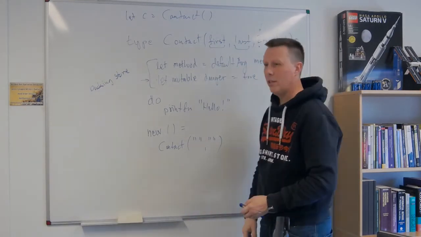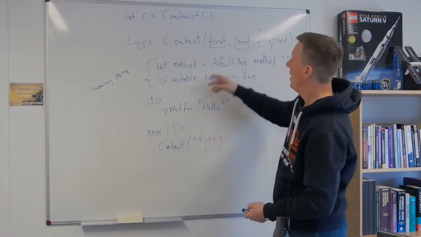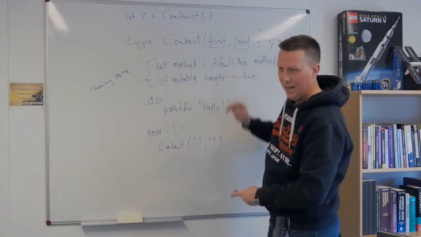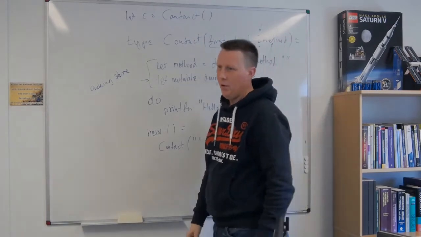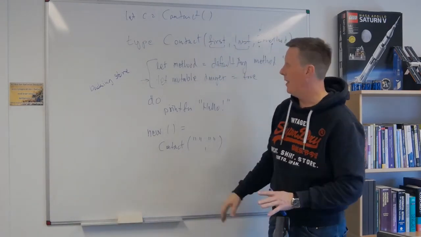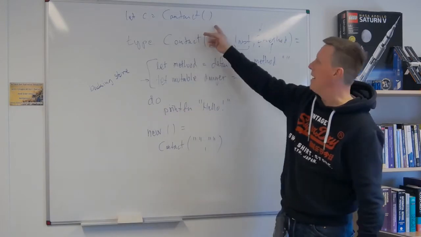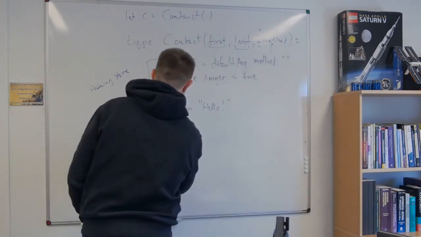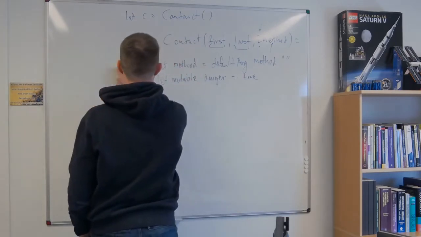I could actually turn it into a string because every object inherits from obj, which has a toString method on it. But that's all I can do with this thing. So this one is completely dead and boring yet. It can't do anything useful. So let's try to rectify that.